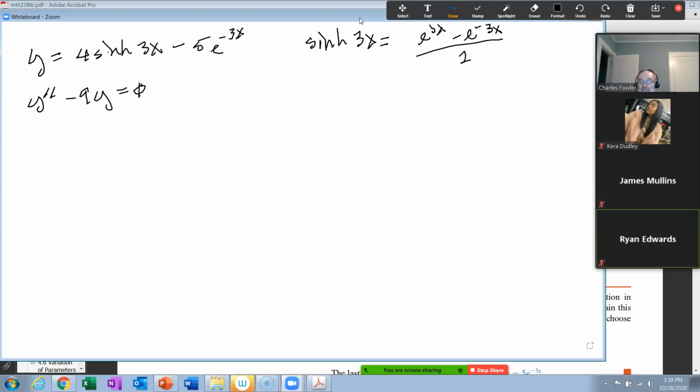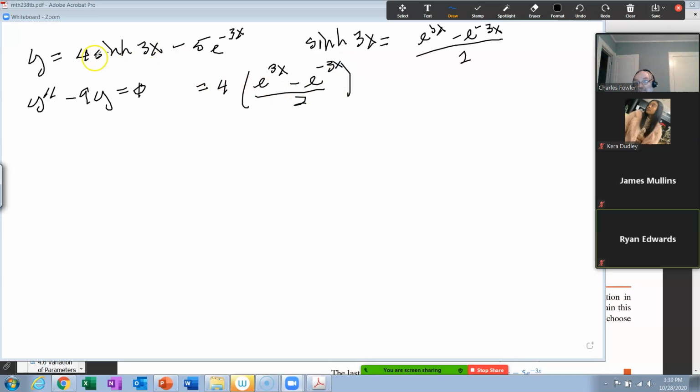So I'm going to rewrite this equation. y is equal to 4 times e to the 3x minus e to the minus 3x over 2. That's what hyperbolic sine is, 4 times it. Then we'll do minus 5 e to the minus 3x.